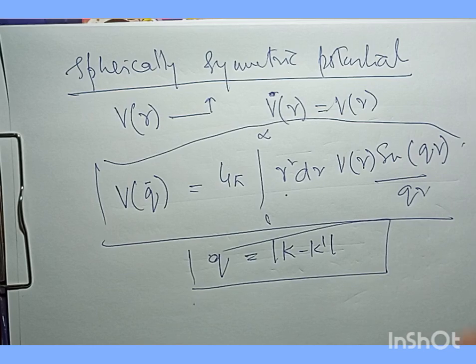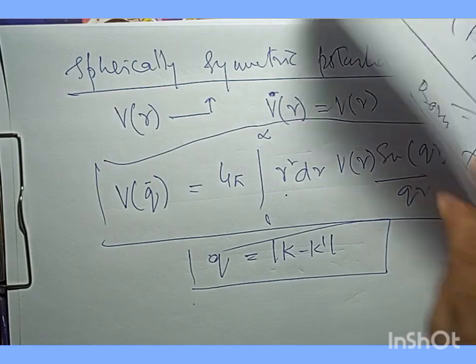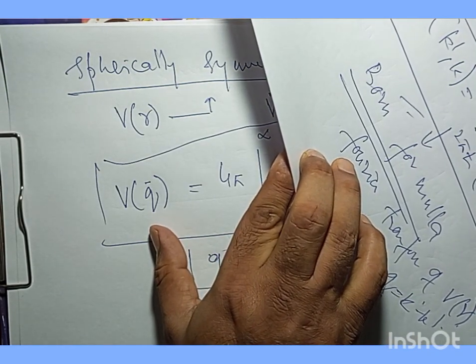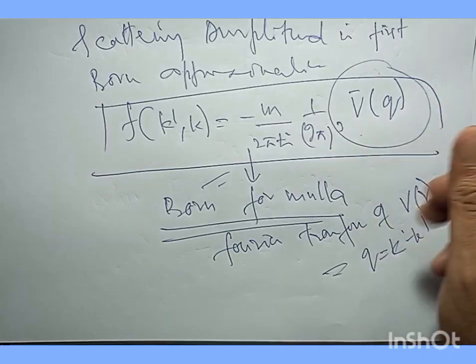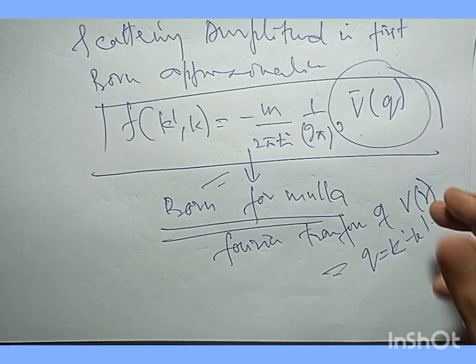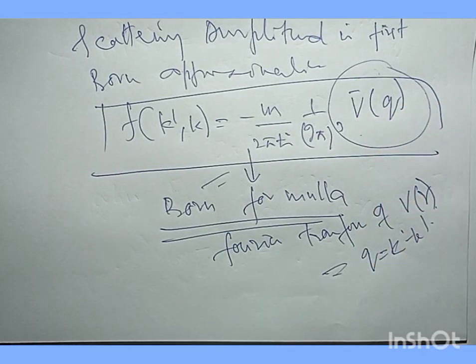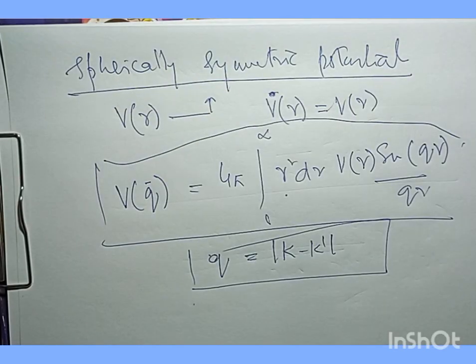The first Born approximation leads to a simple expression for the scattering amplitude: all you have to do is calculate the Fourier transform of the potential, spherically symmetric or otherwise. This is widely used in quantum scattering theory to estimate scattering cross sections and other observables. So with this, I would like to say goodbye.